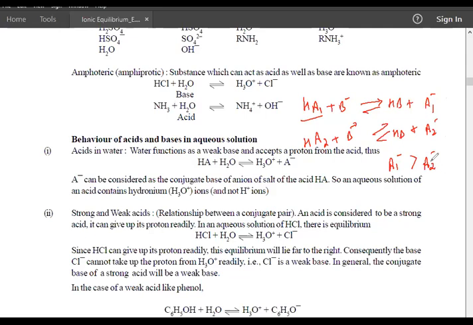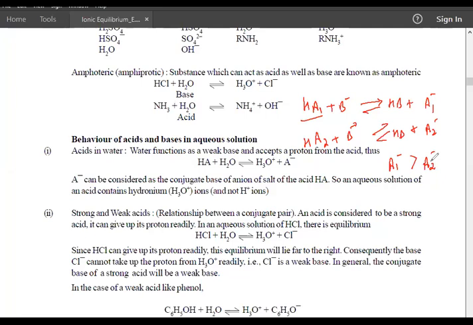What do you think? Which acid is stronger, HA1 or HA2? Think about it and tell me. Yes, very good. Everyone think about it and tell me.